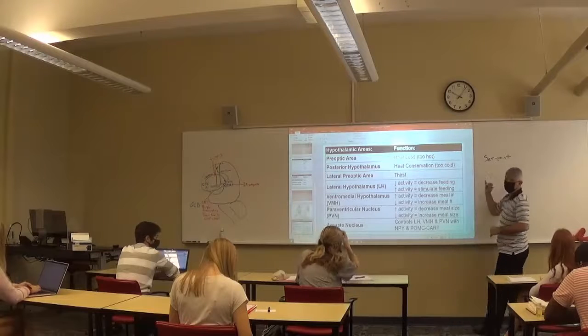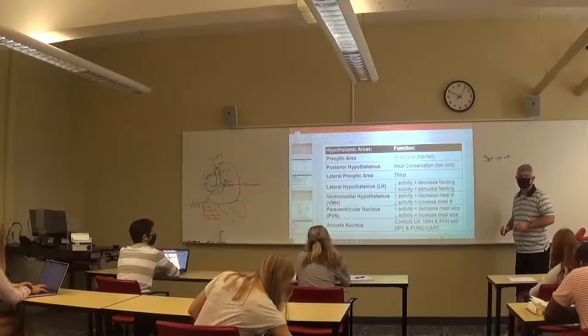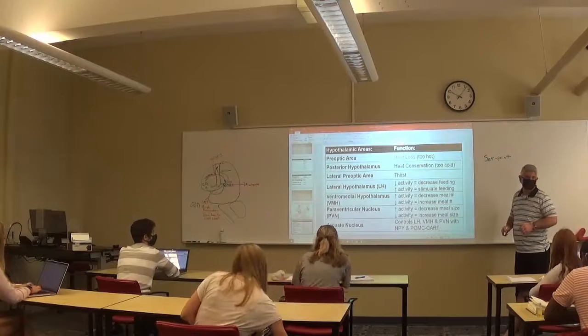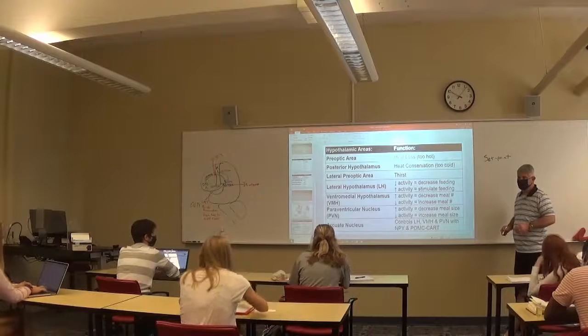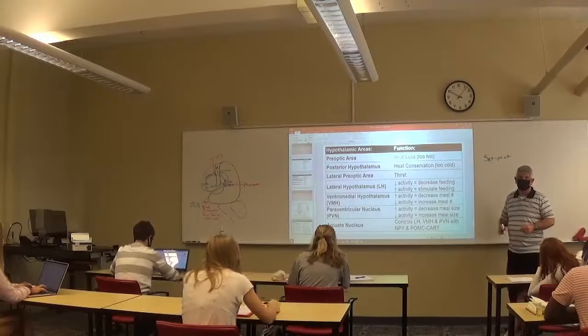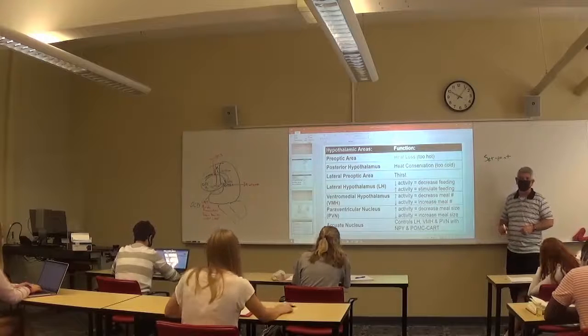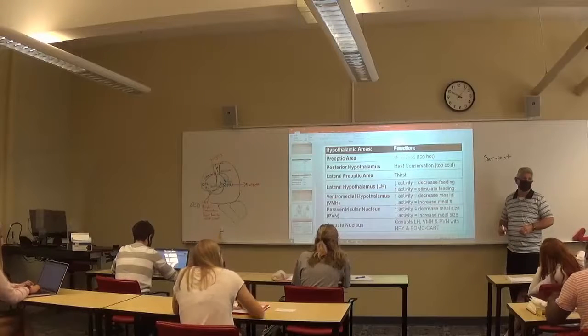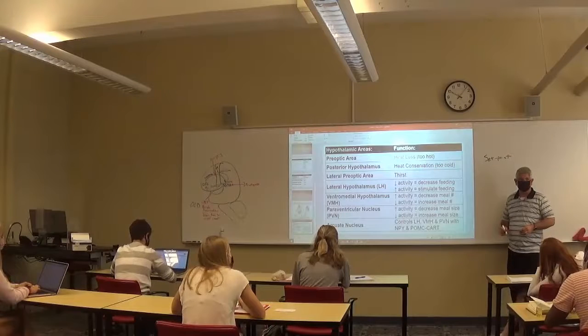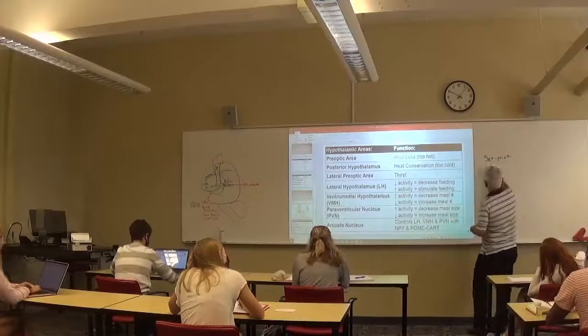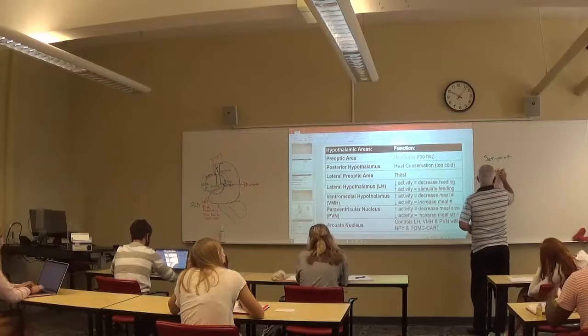And so in order to maintain a set point, what do we have to do? If you want to keep your body temperature at 98.6, what do you have to know? The temperature. What is the temperature? We have to have a receptor. We have to be able to detect it.